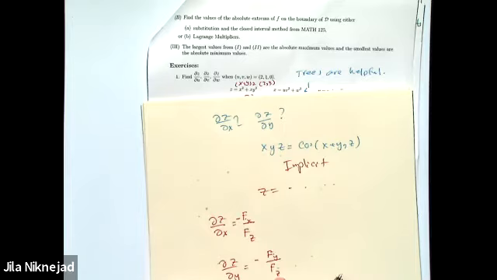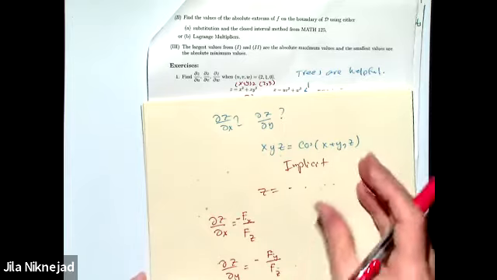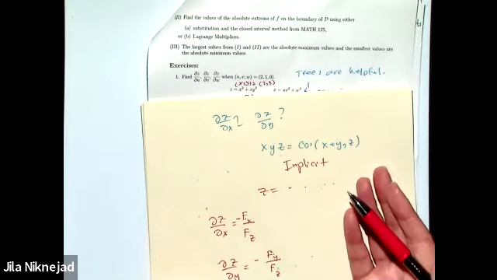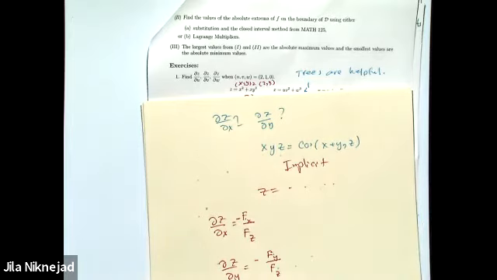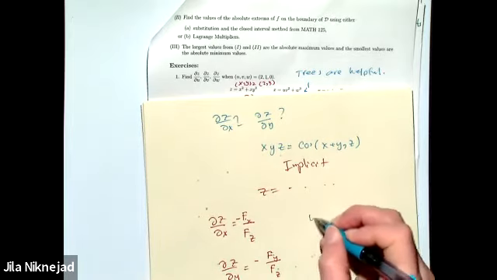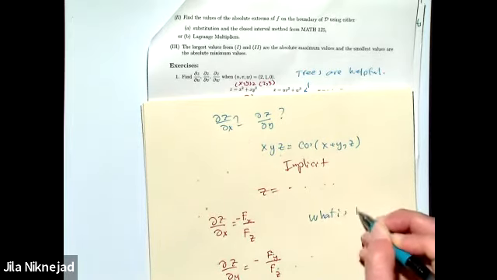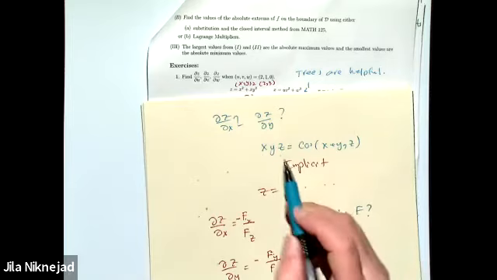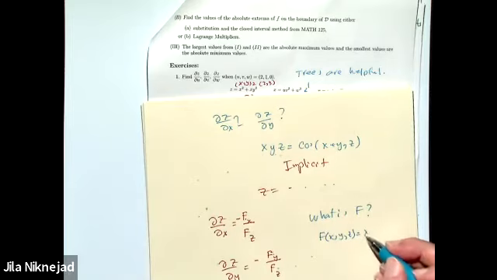But what is f? F is if you take all the variables on one side and set it equal to a constant. In this case, constant would be 0. So what is f? F of x and y and z is equal to, let's take all the constant on one side, all the variables on one side.